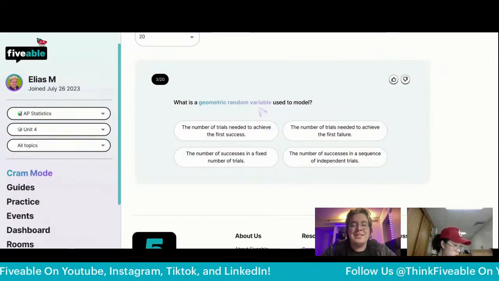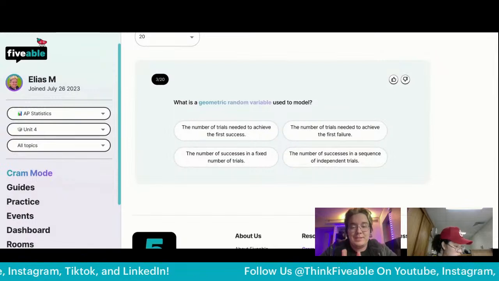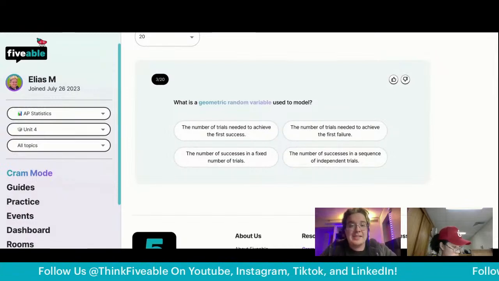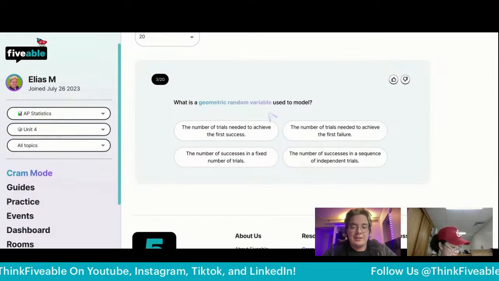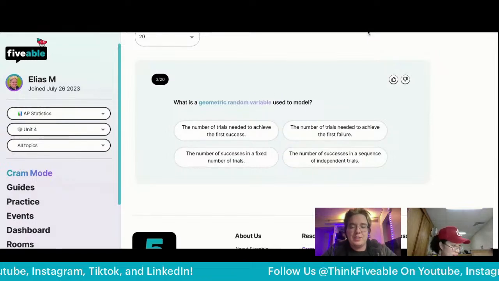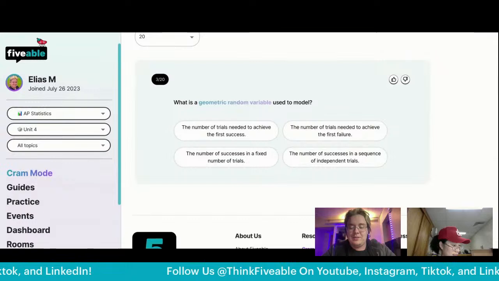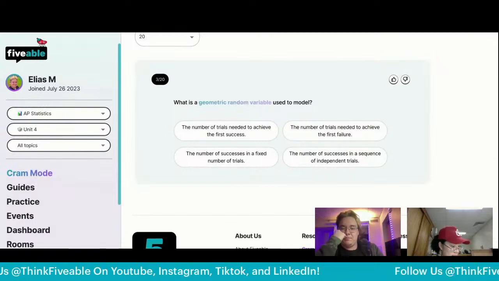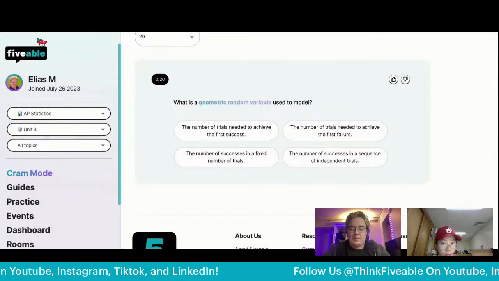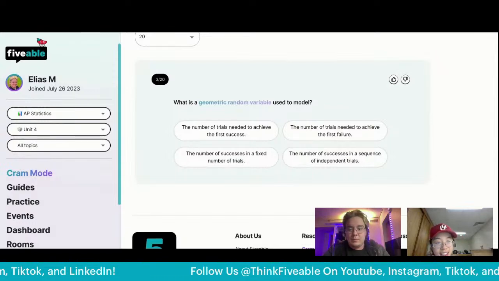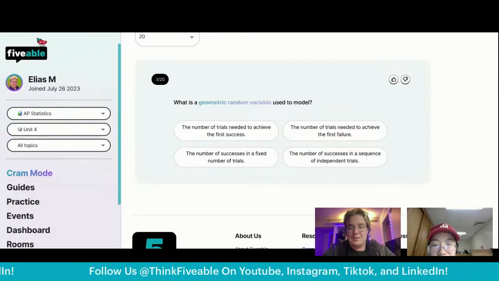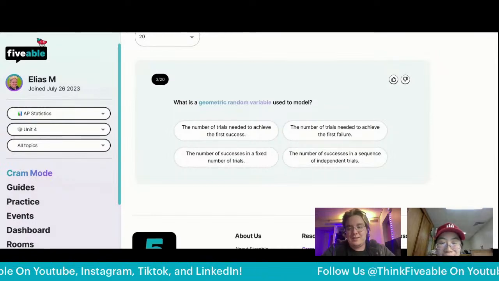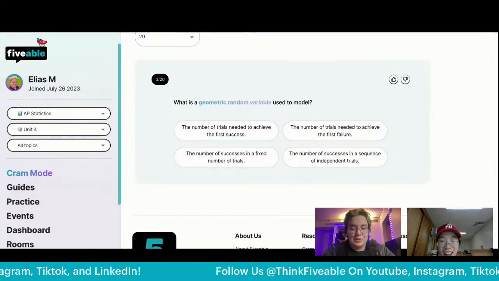So, what is a geometric random variable used to model? Since it's spoilers, I suppose I won't look at the little option we give you to see the term. So how would you start breaking down this question? I think this is mostly a definition question, so you need to know what a geometric random variable means. That's true.